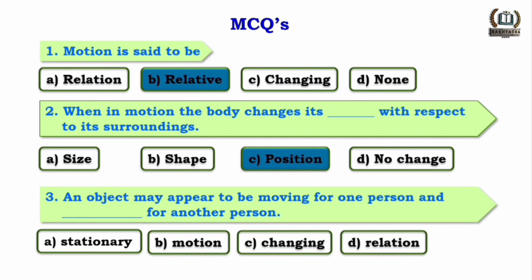Third question: an object may appear to be moving for one person and dash for another person. Can you guess the answer? Yes, stationary.